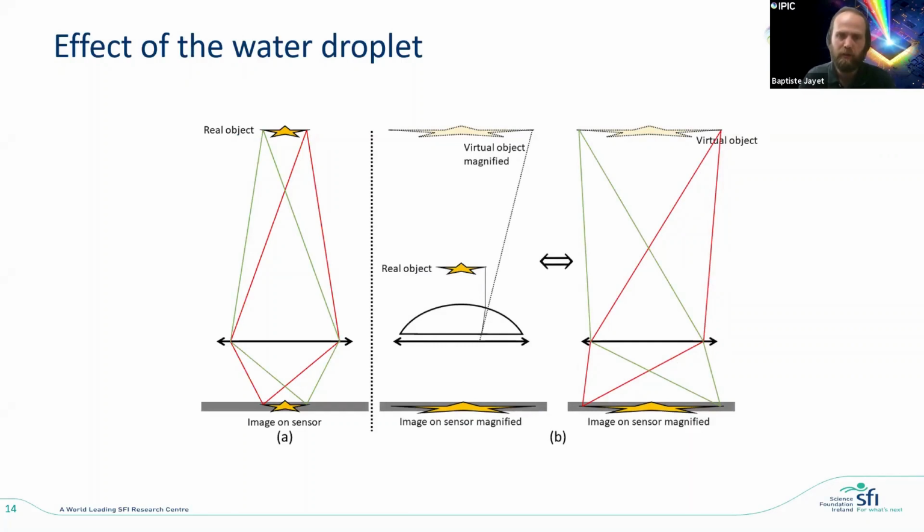But now when you put the droplet of water, the real object first goes through the water, and it creates a virtual object that is magnified. That's an equivalent vision of what's happening. It's like you have the virtual object at the same distance as the real object, but just bigger. And that's how this is happening.